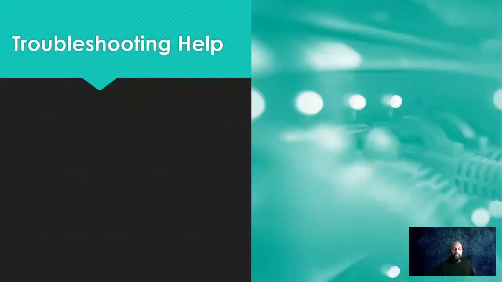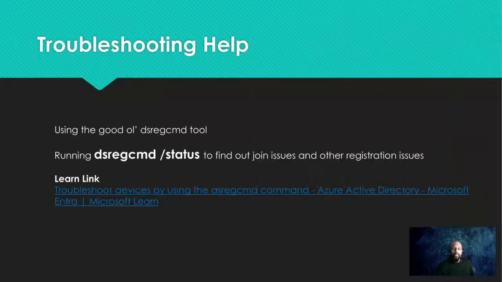Now some troubleshooting help. There are some tools provided by Microsoft to make the Intune journey faster and easier. First of all, as I mentioned, with dsregcmd /status you can find a lot of information about the registration state of the device, what the issues are, and what the values are.